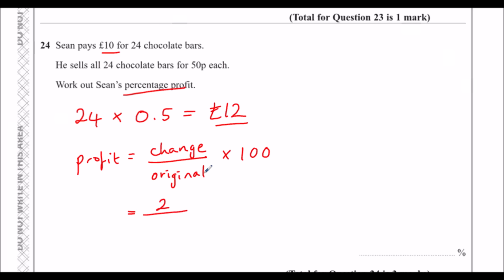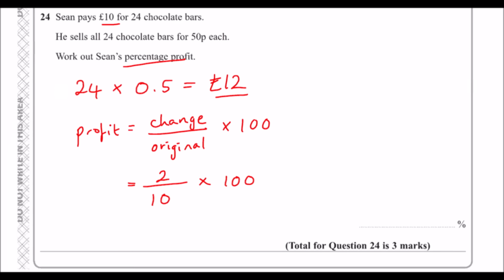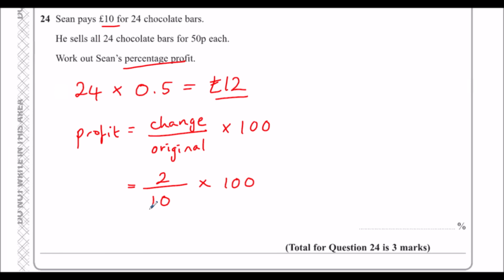It's gone up by £2. He originally had £10. So it's 2/10 times 100. 200 divided by 10. That's 20. So it's 20% profit.